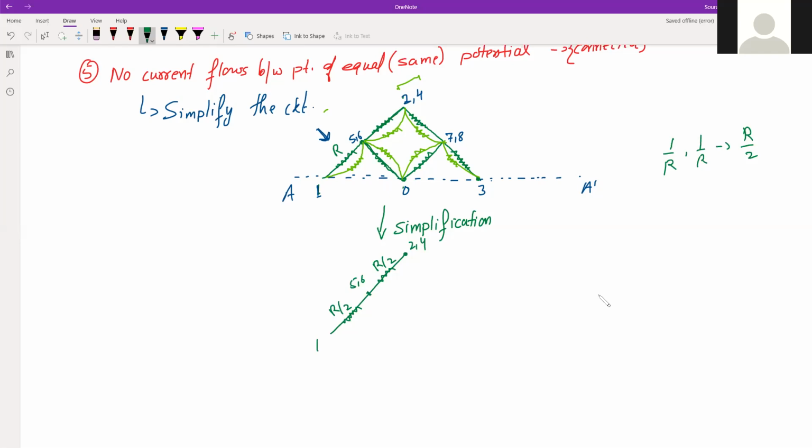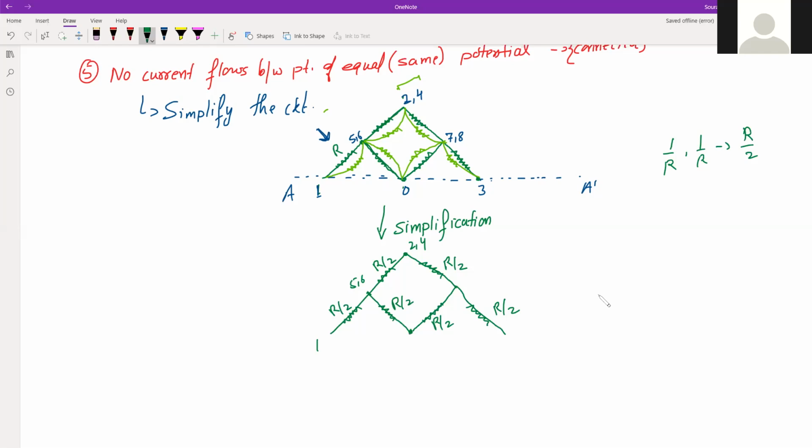Next it will be here, and again this is R by 2. Again next level it is R by 2. Clear? Now from here you have a point here, and from here you have a point here, and this section is also R by 2, and this section is also R by 2. As you can see here, these points are not connected.